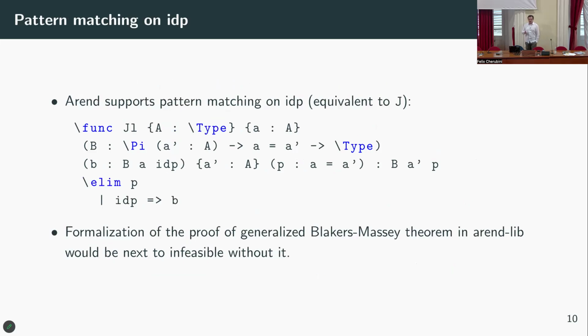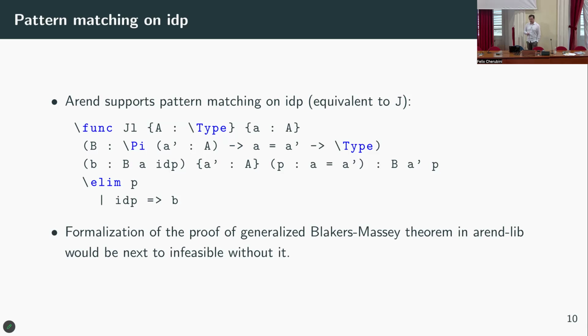And then there is pattern matching on idp, a nice feature. You can define functions by doing pattern matching on the paths. And this is very, very useful. For example, the proof in the standard library of the generalized Blakers-Massey theorem would be next to infeasible without this kind of feature. When you have to write all these J's explicitly everywhere, it's a nightmare.